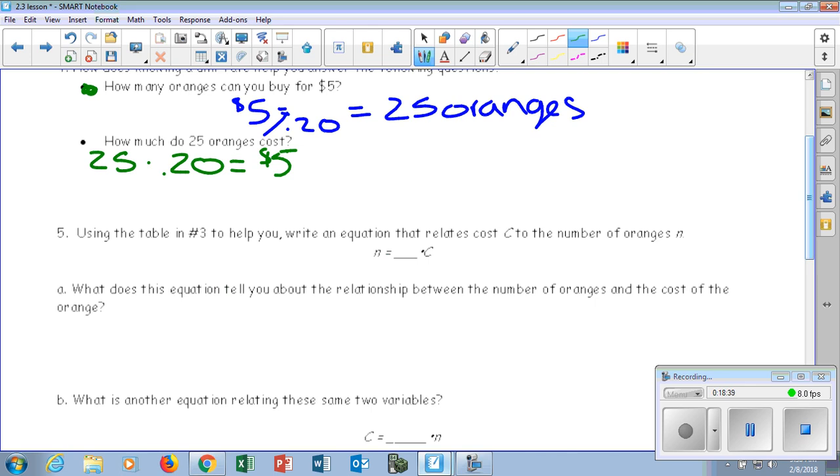Well, our 0.2 would be our cost. So with a shoulder partner, talk through how we could find the price. Write an equation that relates to cost, which is our C. So they tell us already that N equals blank times C. I'll give you about a minute.